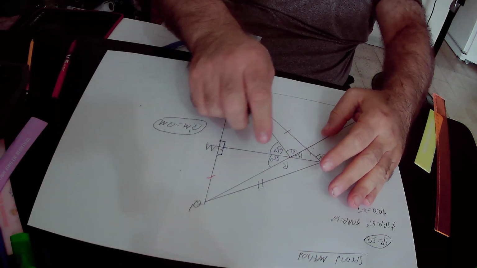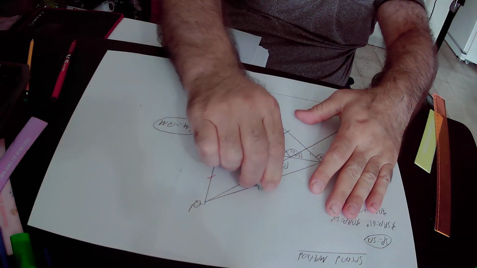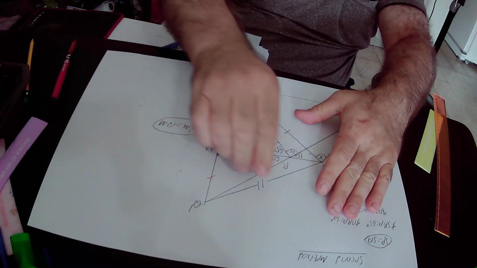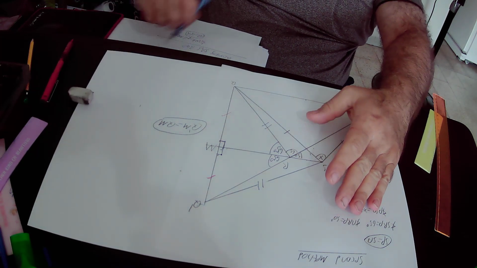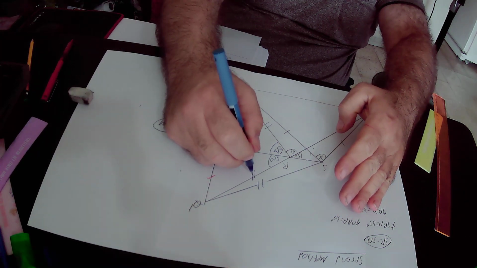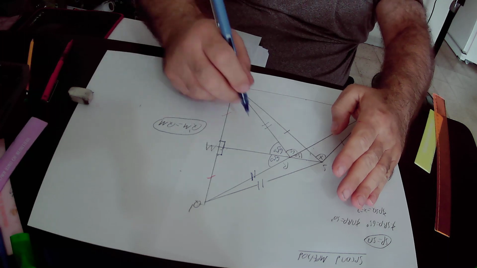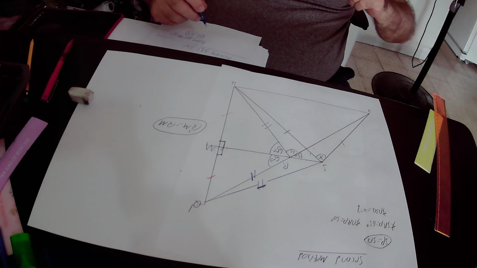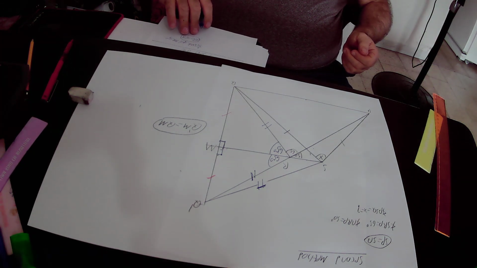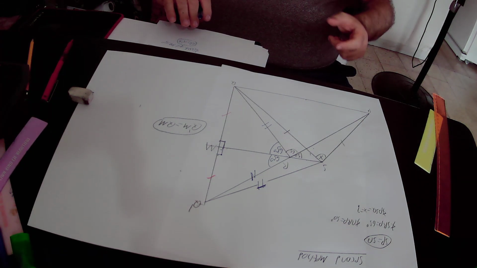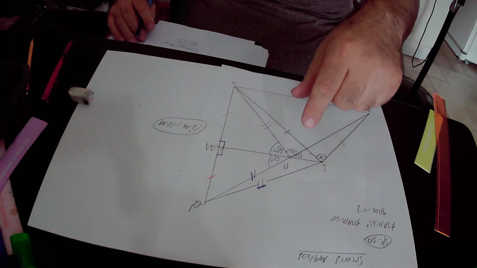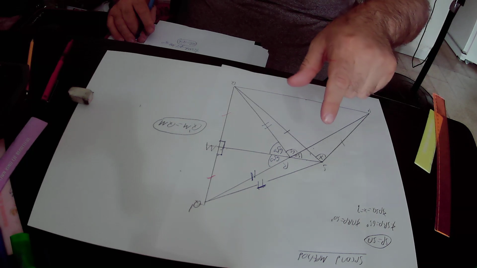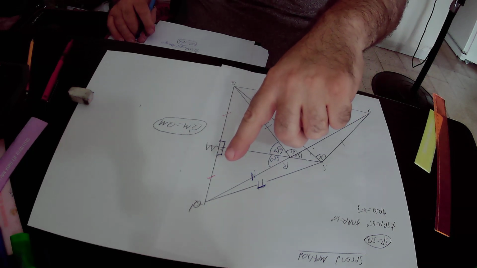Actually it is RQ dash, and RQ dash is here. So we proved that those two angles are equal to each other and they are both equal to 65 degrees, and that side RQ equals side RQ dash.